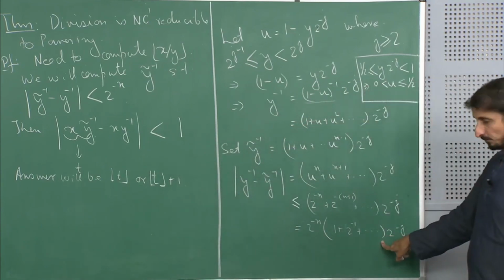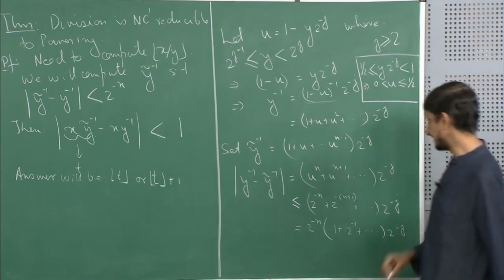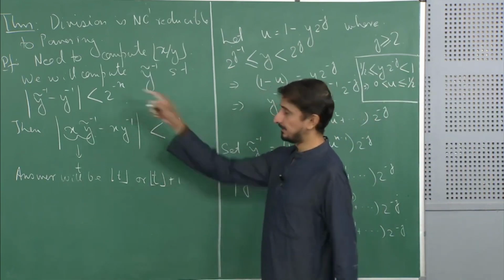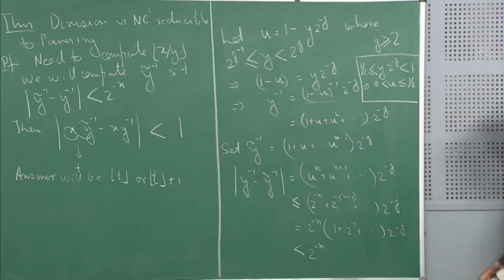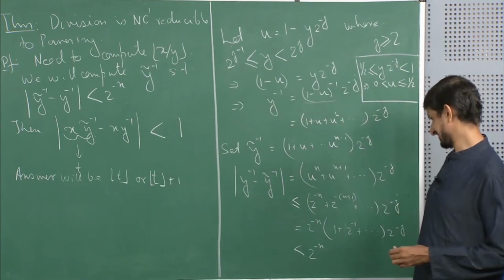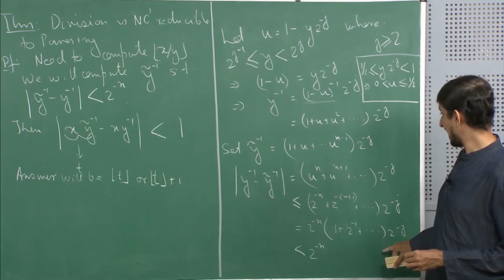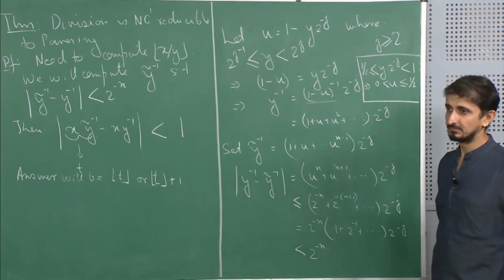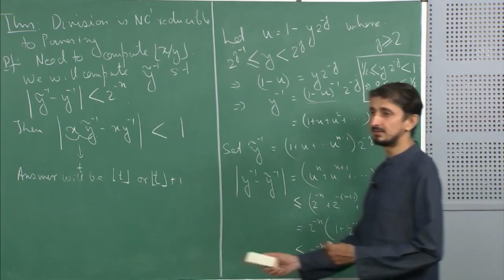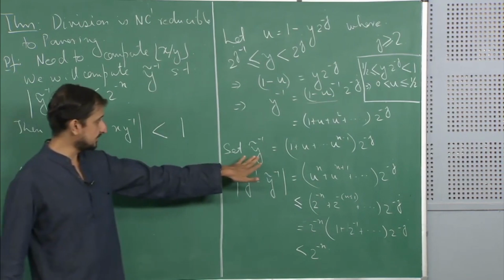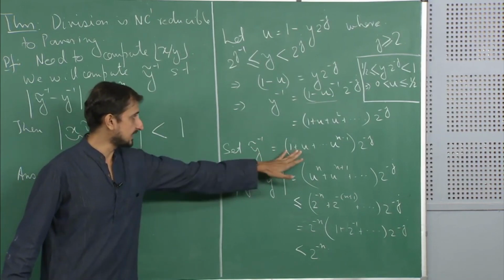This sum is bounded by 2, and j is at least equal to 2, so therefore this is less than 2 to the power minus n, as we wanted. So 2 divided by 2 is less, so anyway it is less than 1. Okay. So this is the analysis. This is what we actually wanted. So what we want is to have y tilde inverse as this quantity.